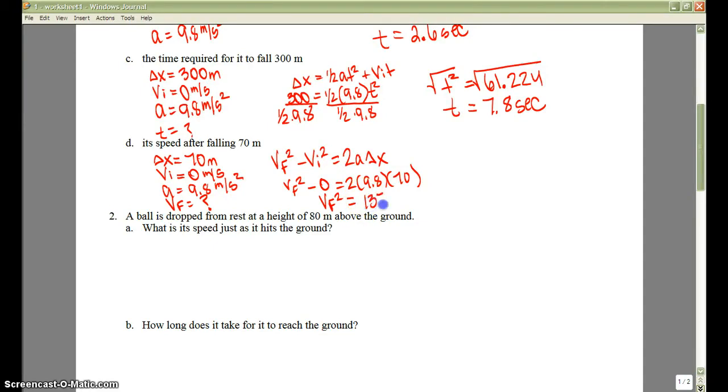That number comes out to be 1,372. Just like the previous problem where we used the square root, we take the square root of that number. So our final velocity comes out to 37 meters per second for our final answer.